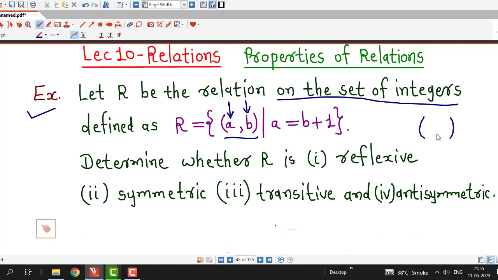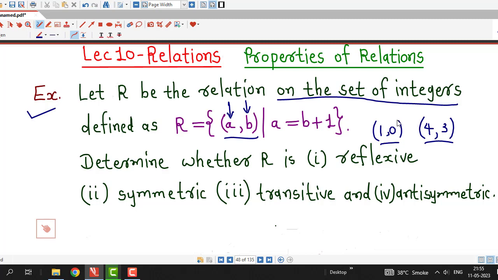For example, if b = 3, then a is 3 plus 1, that is 4. Similarly, suppose b is 0, then a = 0 + 1, that is 1, giving (1, 0). So this is the nature of elements in our relation.